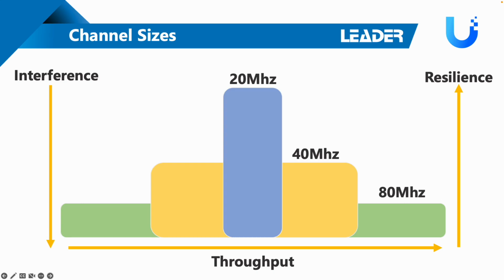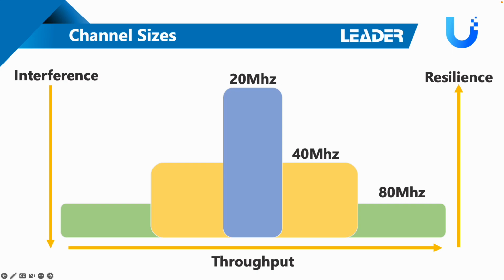What you're going to see in the real world is not just a linear scale like that, where you have suddenly double the range as you go from 40 to a 20 megahertz wide channel. It will be a percentage, so it'll be let's say a 30% increase in range as a percentage value, as opposed to just being double. But the potential for it to increase range is double.